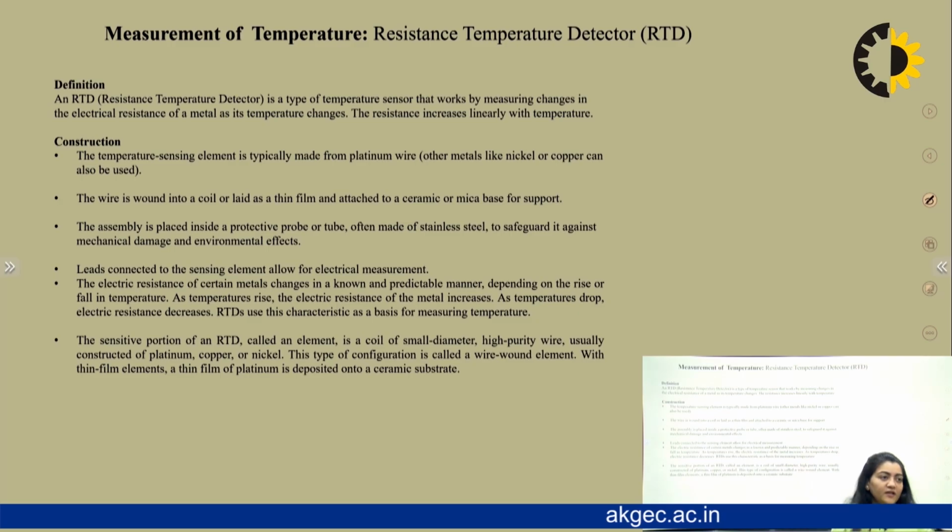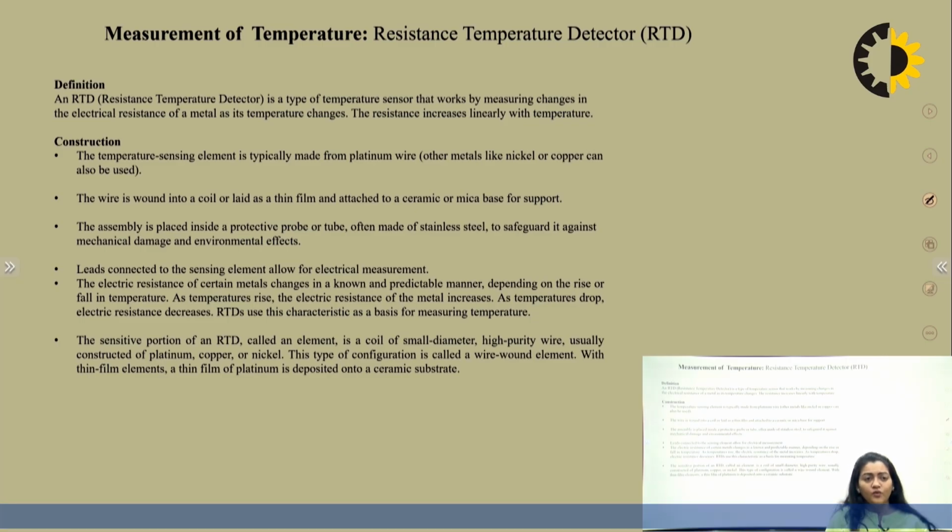Then the assembly is placed inside a protective probe, a tube often made of stainless steel, to safeguard it against mechanical damage and environmental effects. In industry there may be some ruggedness, and there are chemicals that can affect the platinum metal or the inner core.